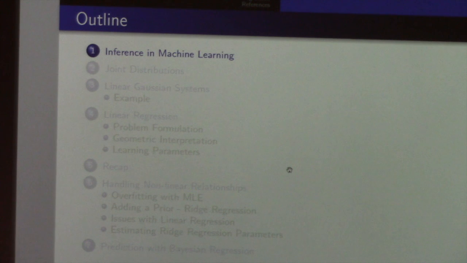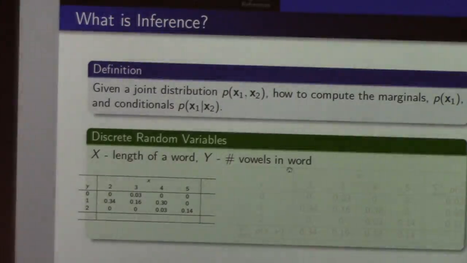So let me start with some basic notions that we're going to use often. I hope that you're familiar with them. Often you would hear the term statistical inference, or inference in machine learning, right? Inference, in general, means that you are given some partial information and then you want to find out the rest of it. Even classification can be thought of as inference.